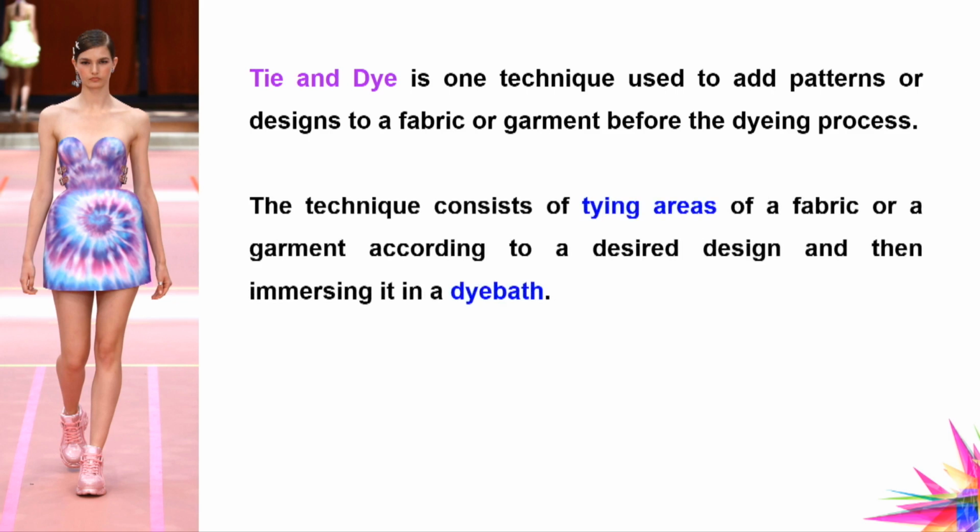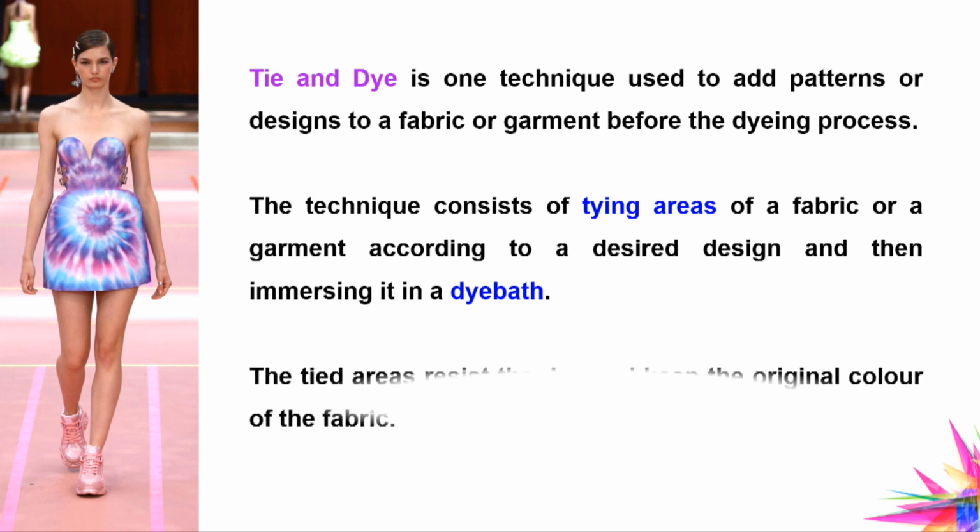The technique consists of tying areas of a fabric or a garment according to a desired design and then immersing it in a dye bath. The tied areas resist the dye and keep the original color of the fabric.